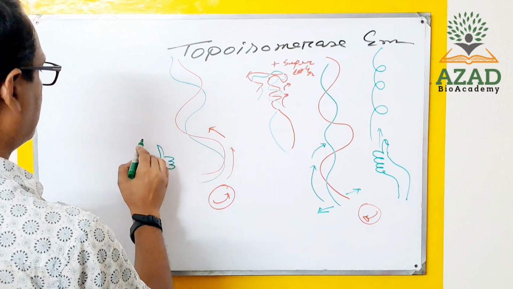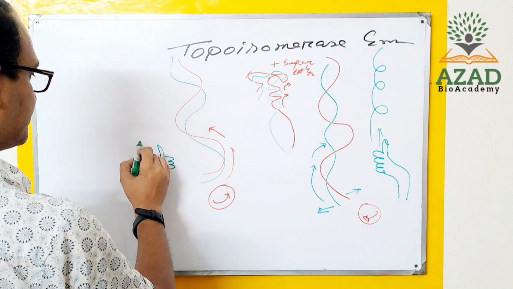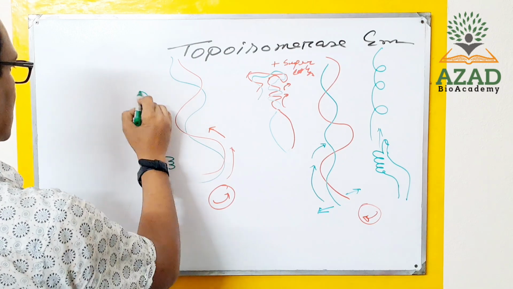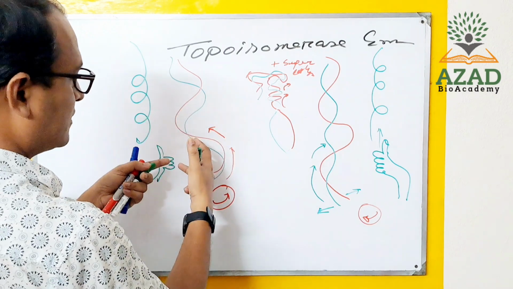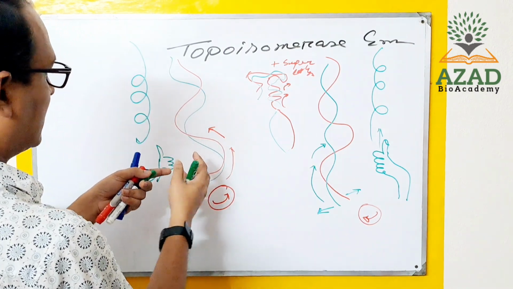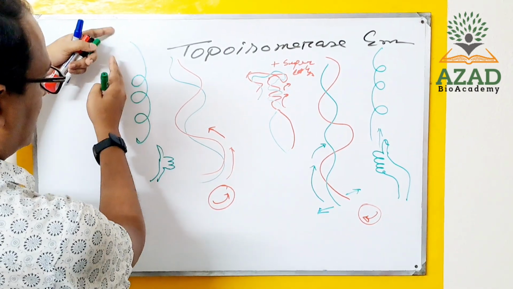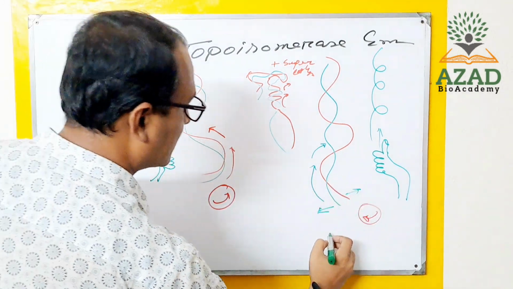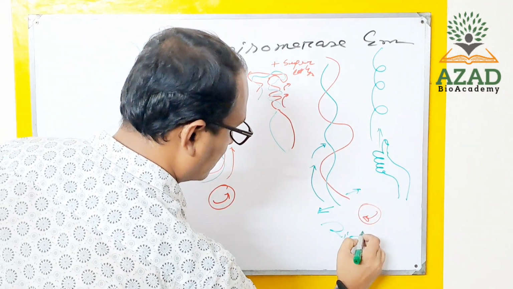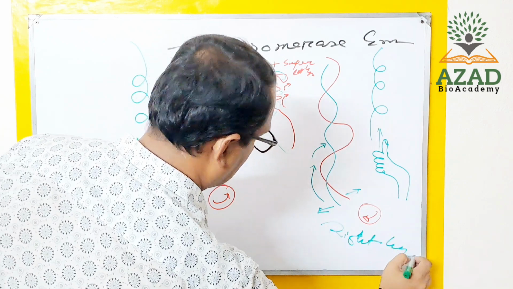So this is the left-handed helical DNA, and this is the left-handed helix. Okay, so this is the left-handed helix, this is right-handed, and this is left-handed.